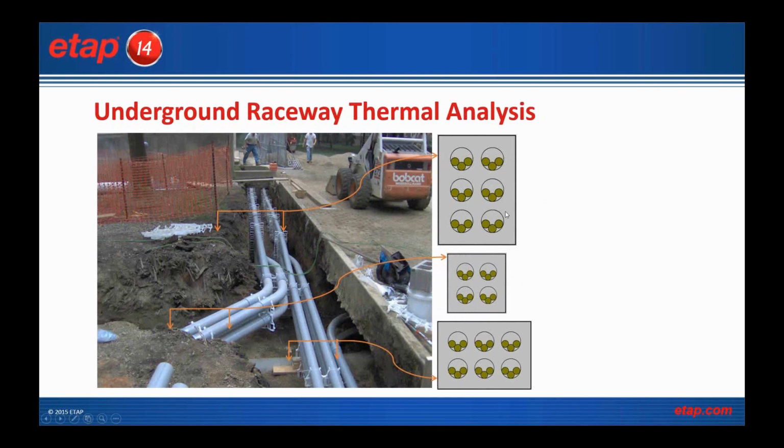So when we are doing the temperature calculation, we are telling the program we are placing cross-sections at different parts of the raceway, an existing raceway, or when we're designing a brand new raceway. As you can see in this picture, we have a 2x3 arrangement, with 3 rows and 2 columns.